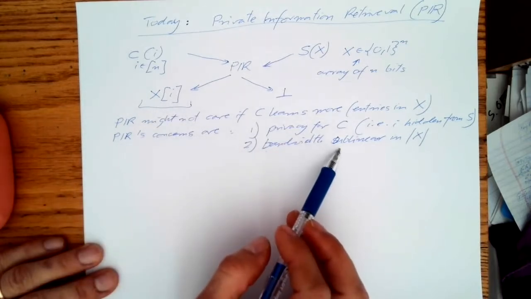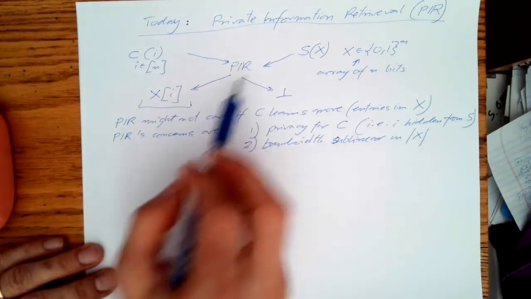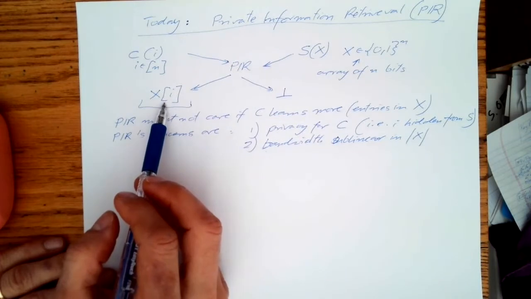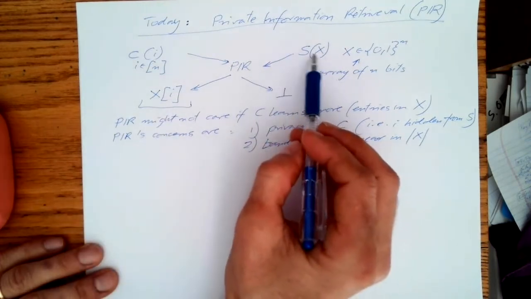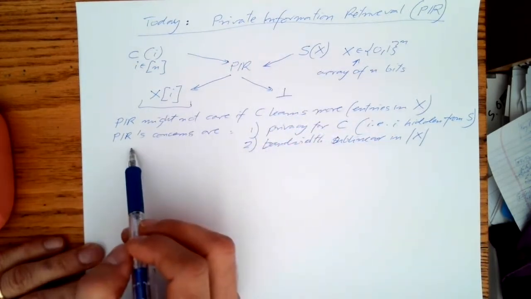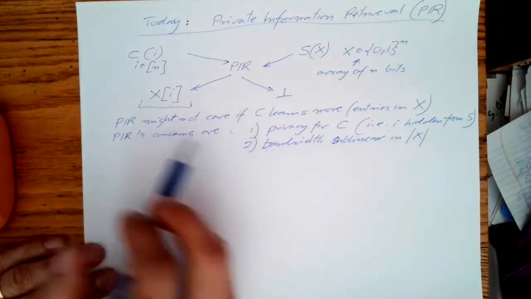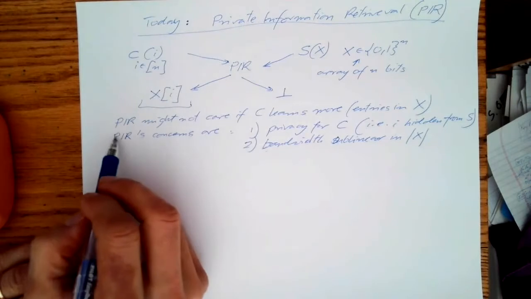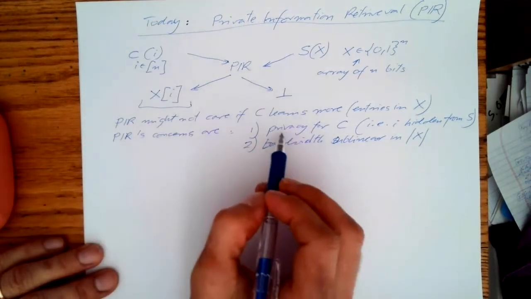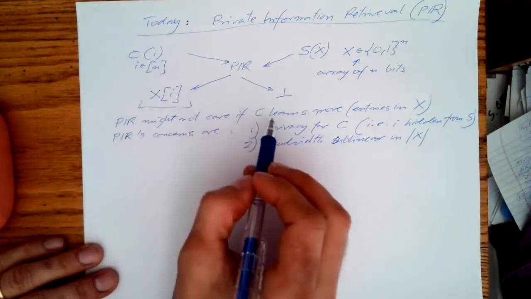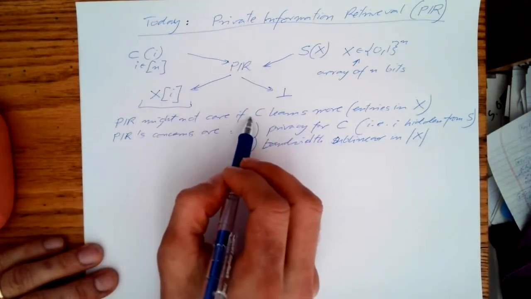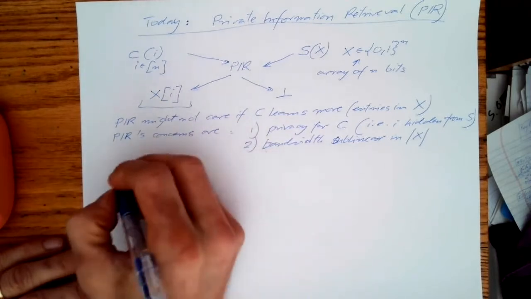But that would violate this, right? We want this delivery of the ith location to take less space, less bandwidth, than the size of the array. And if we have a sublinear solution like this, then we can actually add privacy from the server side.